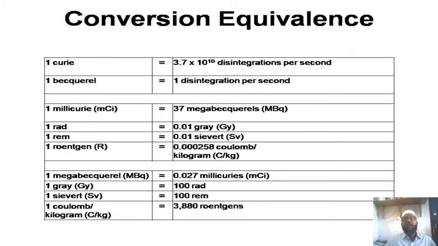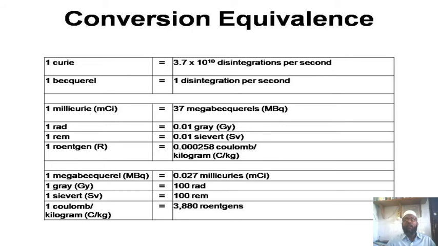Now let's see the equivalence between these units, which you can see in the slide. 1 Curie, as we have seen earlier, is equivalent to 3.7 × 10^10 disintegrations per second. Similarly, 1 becquerel is 1 disintegration per second, and 1 rad is equivalent to 0.01 gray.